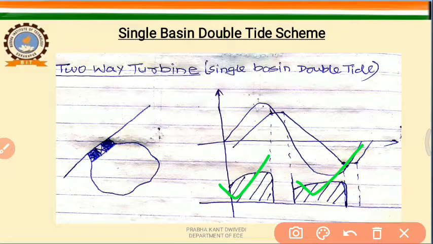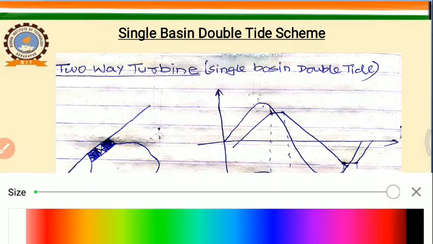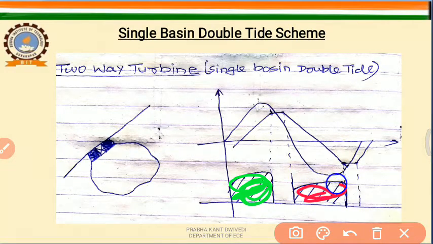And if we observe closely, this power is generated when the basin is filled up, and this power is generated when the basin becomes empty, in the duration of the emptying of the basin.